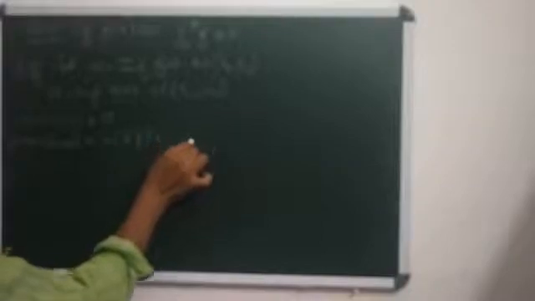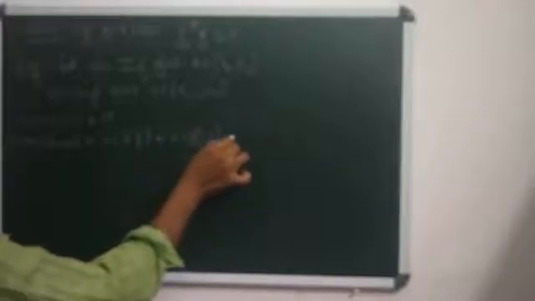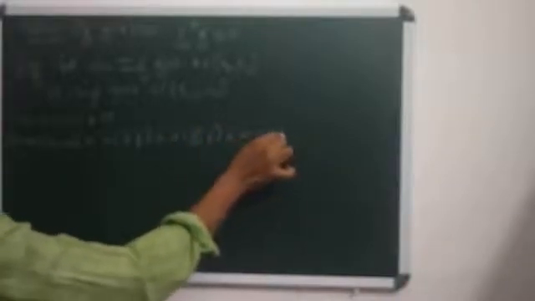Then clearly we know that m is less than or equal to f of x, which is less than or equal to capital M. Agreed? That means m times (b minus a) is less than or equal to L(P,f), which is less than or equal to U(P,f), which is less than or equal to capital M times (b minus a).